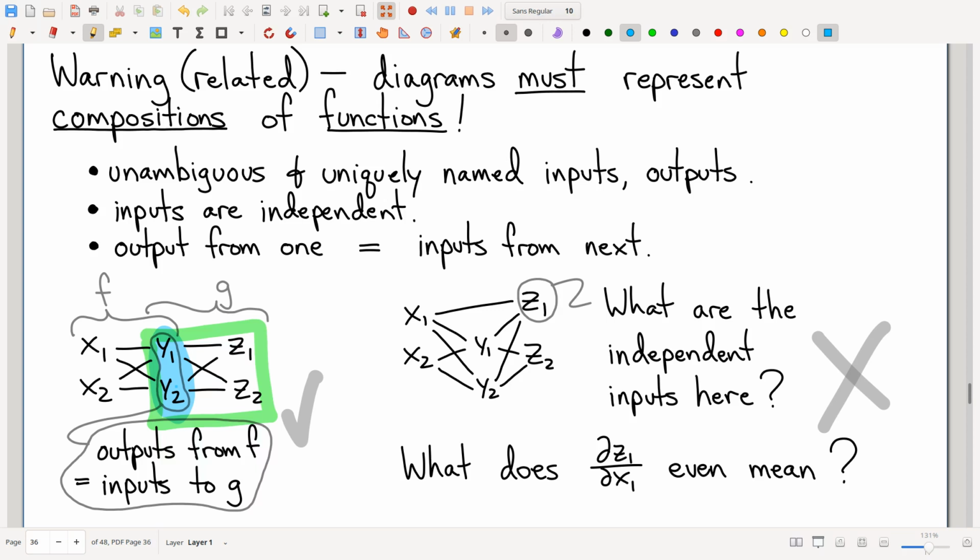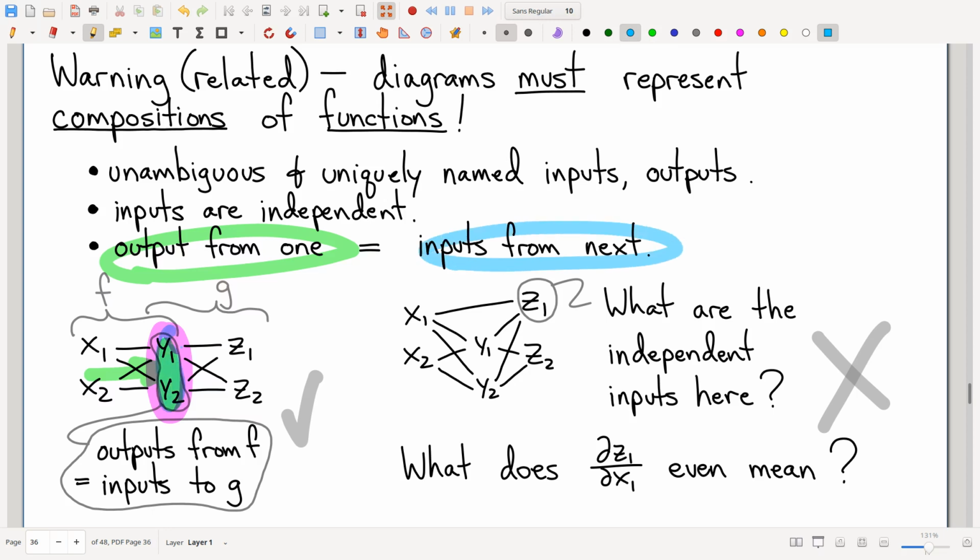It's not written in terms of y1, right? And notice, again, I've also avoided my confusion of variables. The variables that come out of the first function are exactly the variables that are the inputs to the second function.